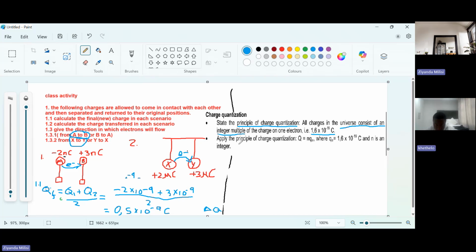Now you are going to apply this principle of charge quantization in solving problems. Here is our equation. Q equals n times the elementary charge. We said all these charges occur in this integer multiple, n, that is our number here.